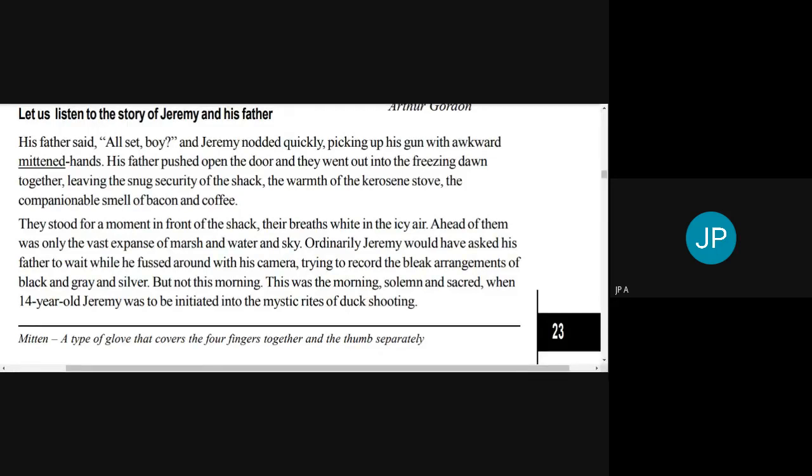You know who a hunter is? Yes, Trishna, that's correct. He has a gun, he shoots birds mostly, and that is how he lives.